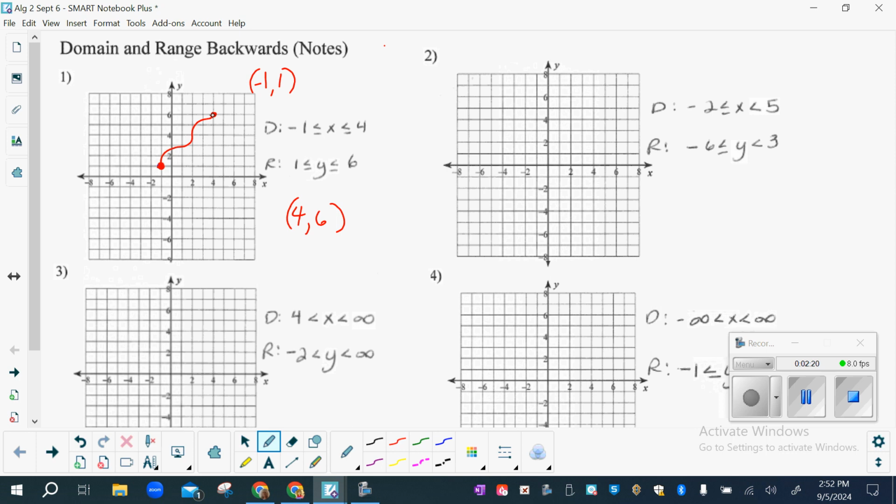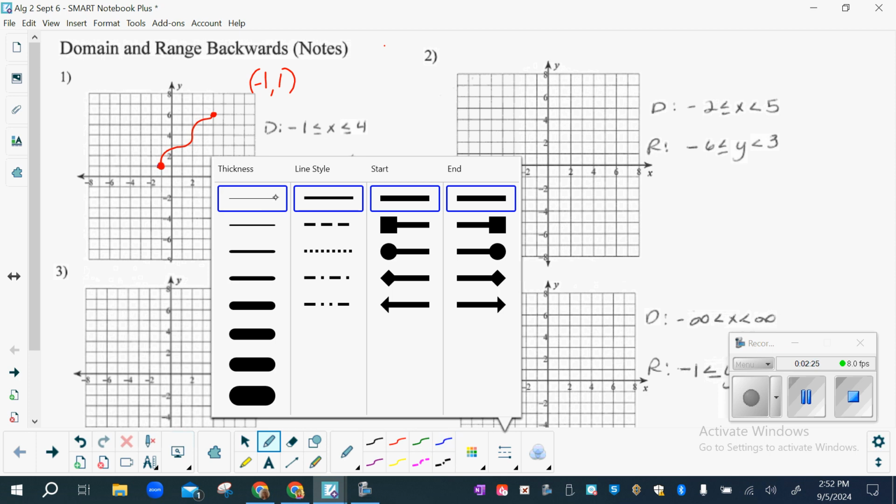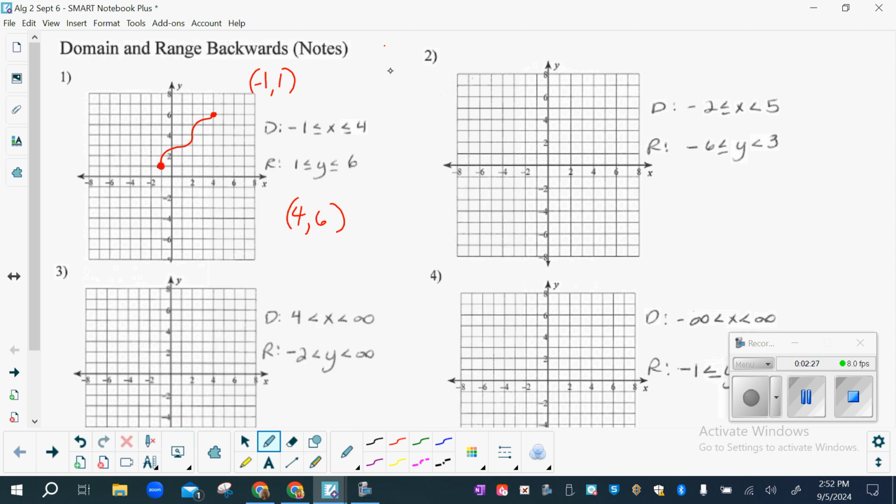So I'm going to draw another one that would give me the same domain and range, and you tell me whether it works. Does that work instead?